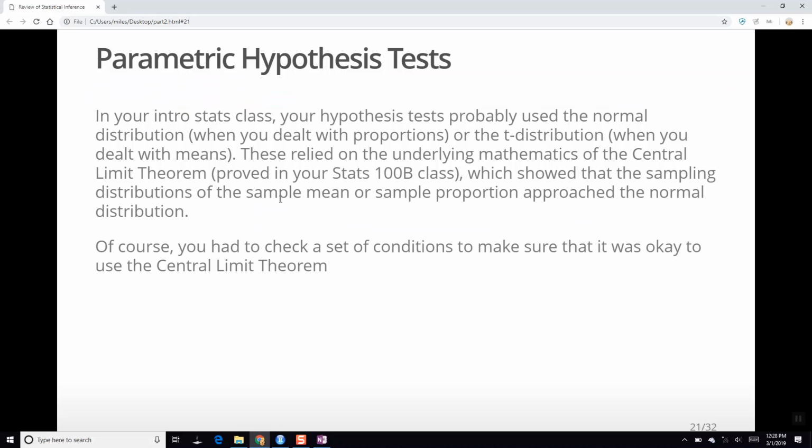And if your sample is not large, maybe you have to assume that the population is unimodal and symmetric, or at least sort of normal-ish looking. At the end of the day, it just depends on the fact that the central limit theorem holds.